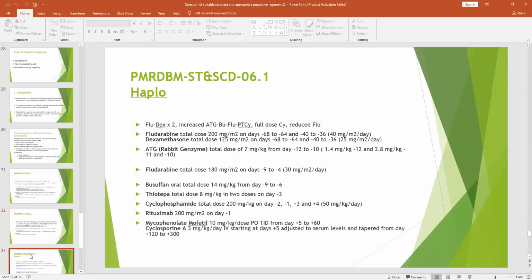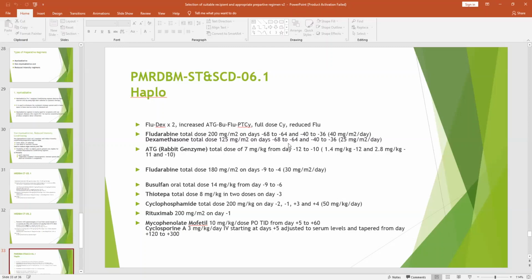While this MRDBM and SCG 06.1 is used for haplo, and in this case we are using Fludex cycles, 5 days of Fludex from day minus 68 to day minus 64, and then from day minus 40 to day minus 36, meaning 5-day cycles, and fludarabine.